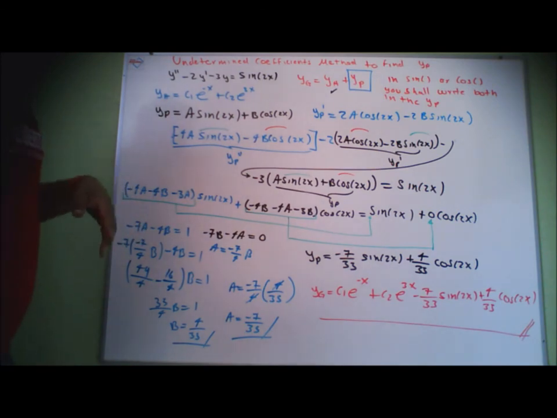So if you happen to have something different, like a natural logarithm, then the method doesn't work. So this method is limited to only sine, cosine, exponential, and polynomials. That's it.